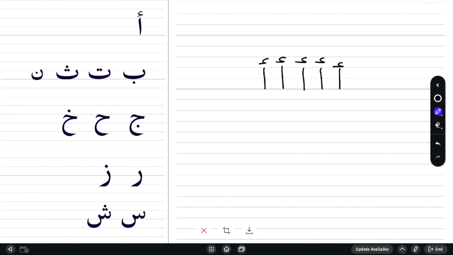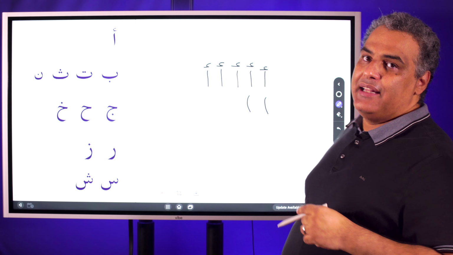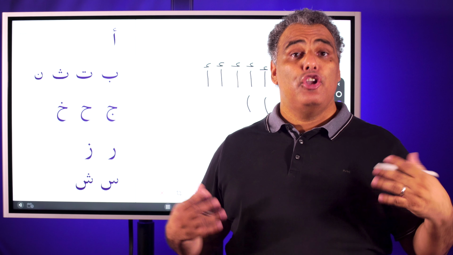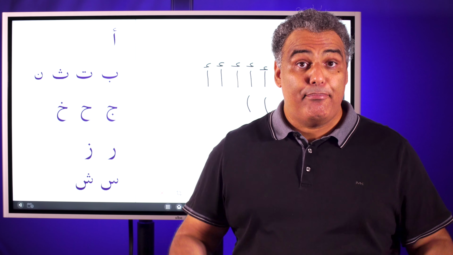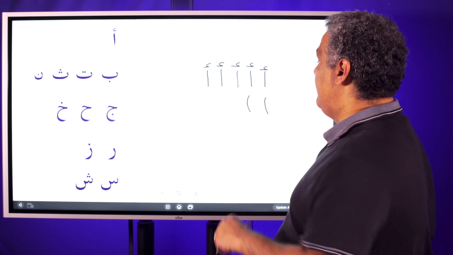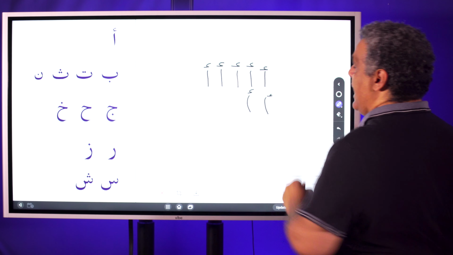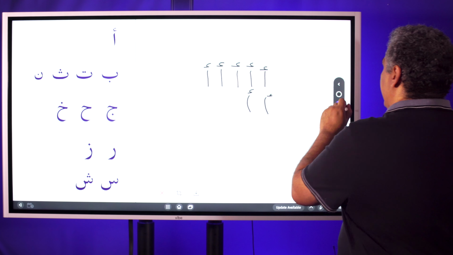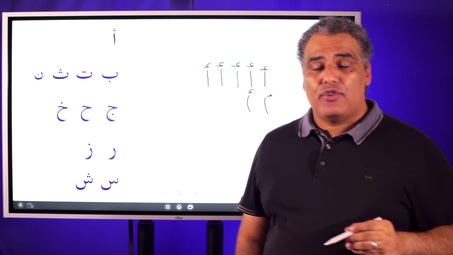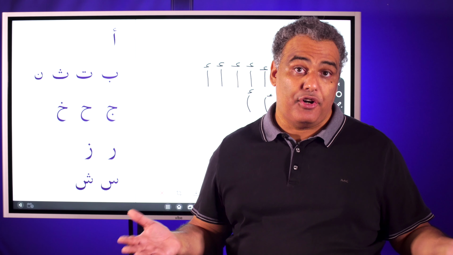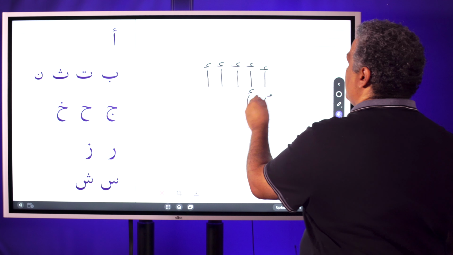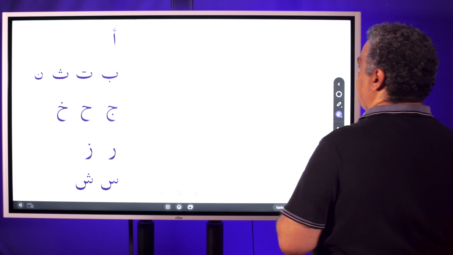And you will see that some people would write artistically and add a curve to their Alif, which is not typically something you want to do as a beginner. But again, that would not hamper your ability to read Alif. This is an Alif, this is an Alif. So don't let anyone tell you that there is one way to write the Alif. There are better ways than others, certainly, but you have to just try to get the basic shape right.